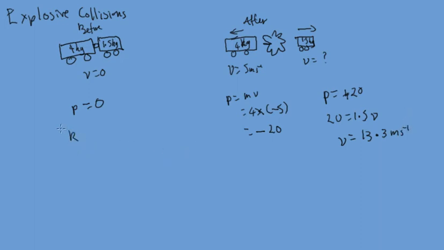So the kinetic energy here is 0. And the kinetic energy of this trolley is going to be half times the mass, which is 4, times the velocity, which is 5 squared, which gives us 50 joules. And the kinetic energy of this trolley is again half times the mass, 1.5, times 13.3 squared, and that gives us 130 joules.